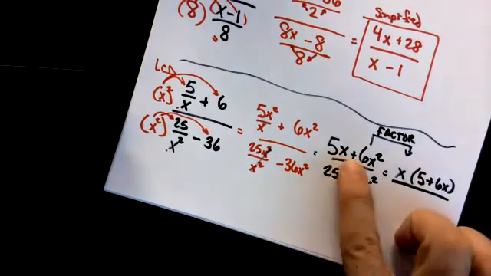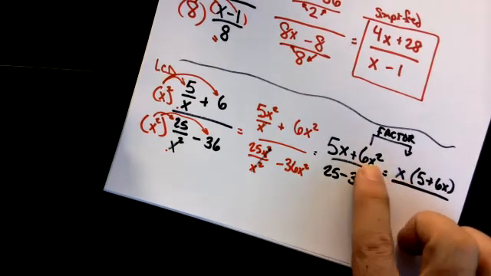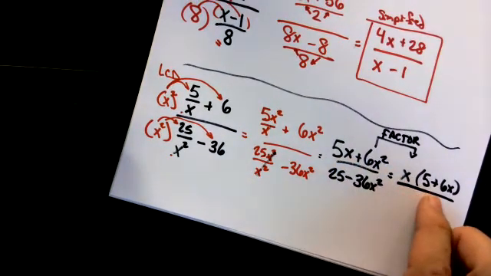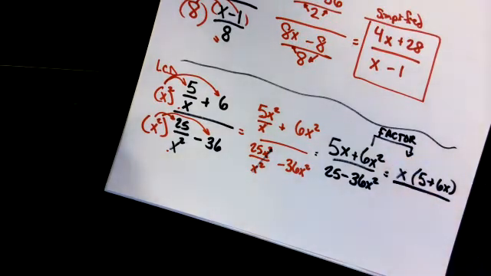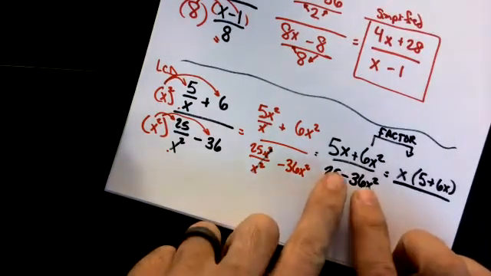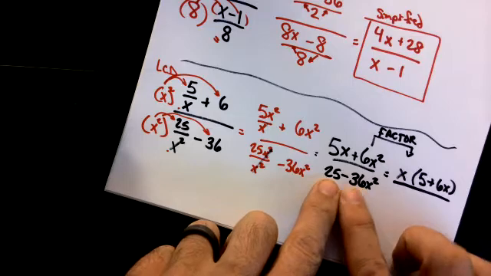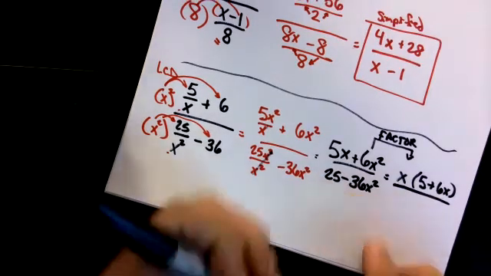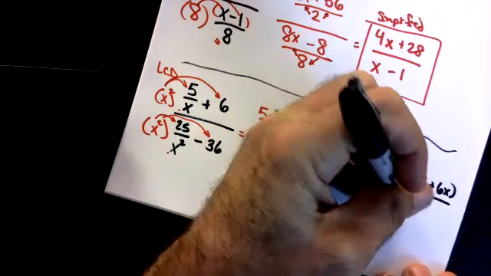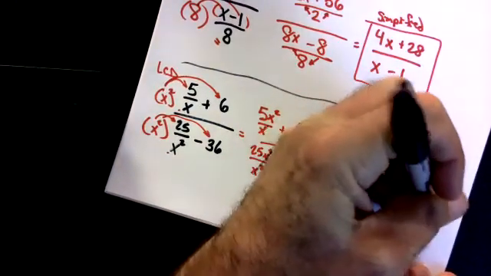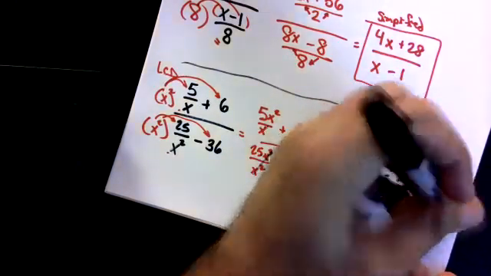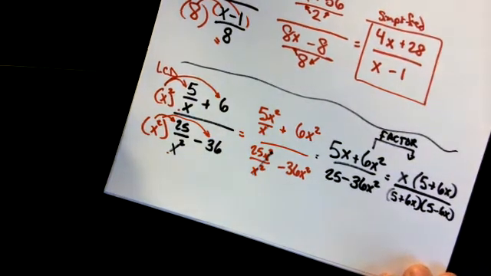Okay, this has a greatest common factor of an x. If I divide an x out, then I get x times 5 plus 6x. Remember, factoring is basically undistribution. Okay, and 25 minus 36x squared. 25 is a perfect square, 36 is a perfect square, and we're subtracting. So this one factors into 5 plus 6x and 5 minus 6x.